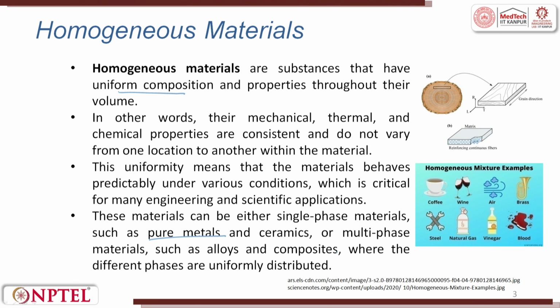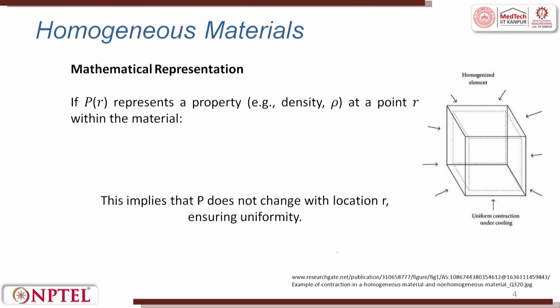Pure materials and ceramics, or multi-phase materials such as alloys and composites, where the different phases are uniformly distributed, fall under homogeneous material. The mathematical representation: P represents a property, for example, density defined as rho at a given point R within a material. So, ∂P/∂R = 0.